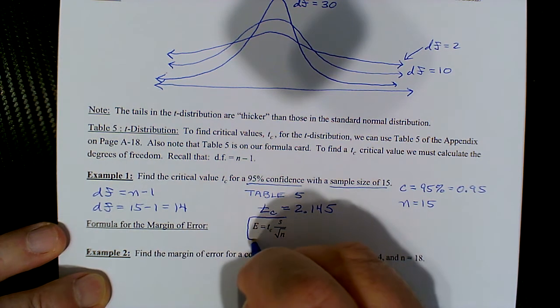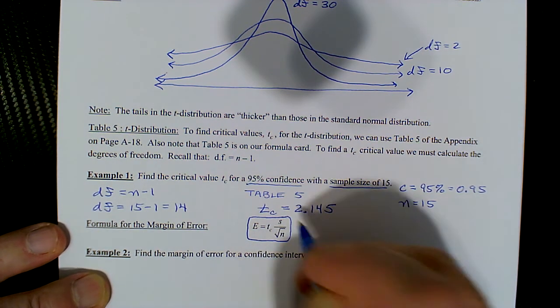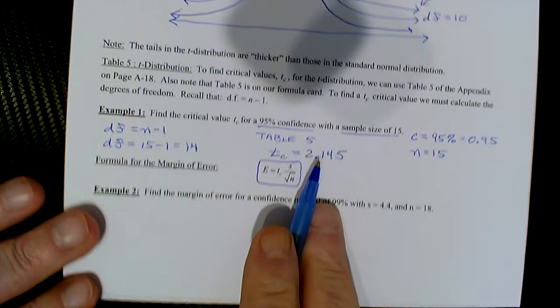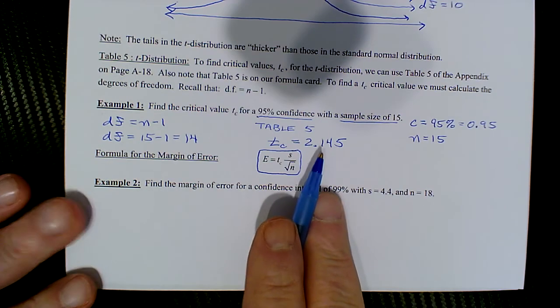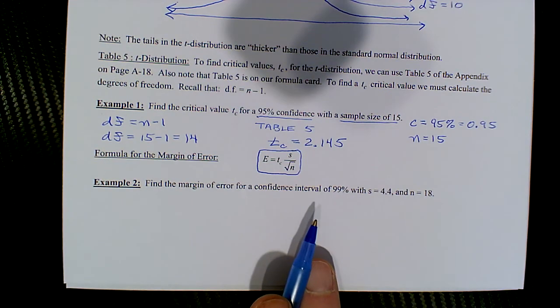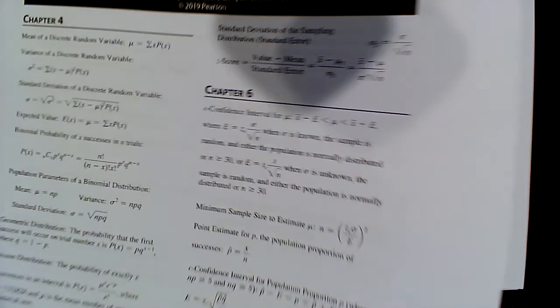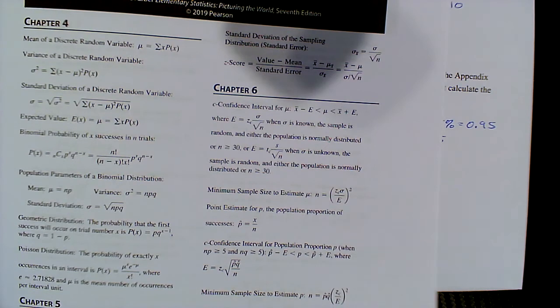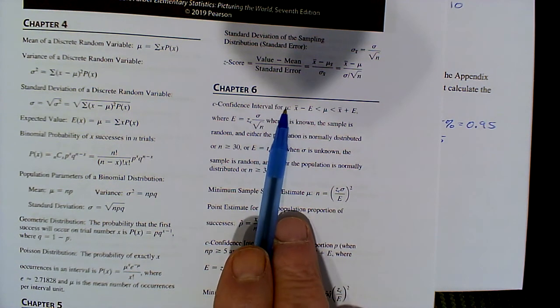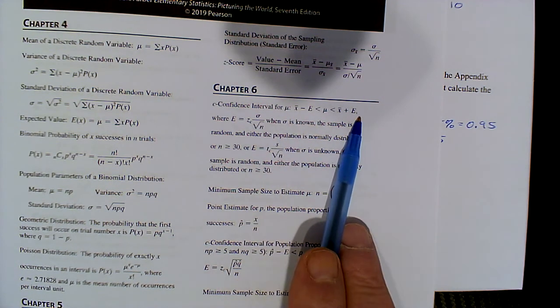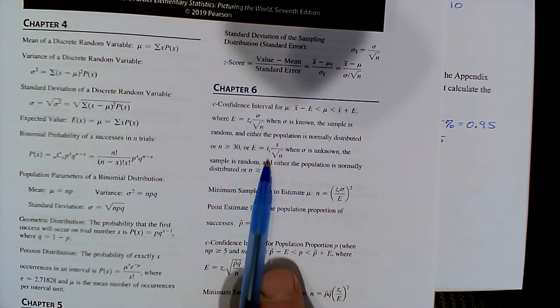Alright, the nice thing about what we're going to do is, similar to the z distribution, we'll find a margin of error, but now with the t distribution formula, where z is replaced by t and sigma is replaced with s. And if you look at your formula sheet, it's got the confidence interval for the mean that would be using z or t, and then it gives us our formulas for the margin of error for both z and t.